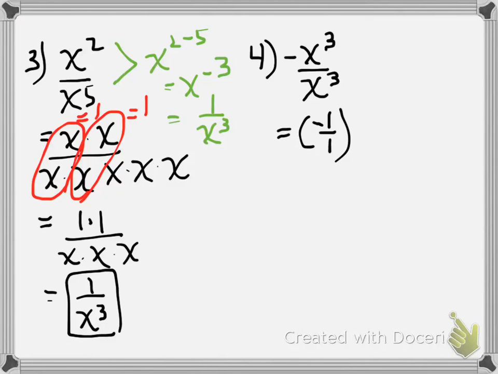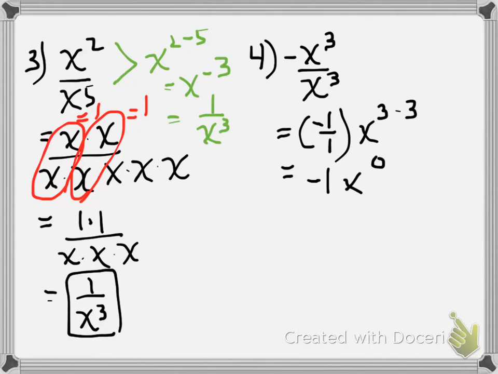And then if we apply our rule, x to the 3 take away 3. Top number, take away the bottom number. So what's -1 divided by 1? -1. And what's 3 take away 3? 0.